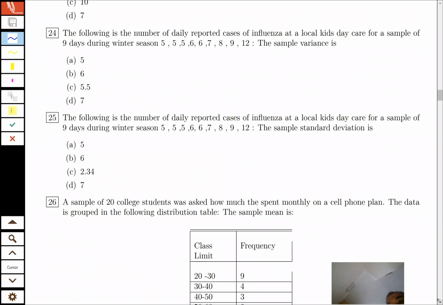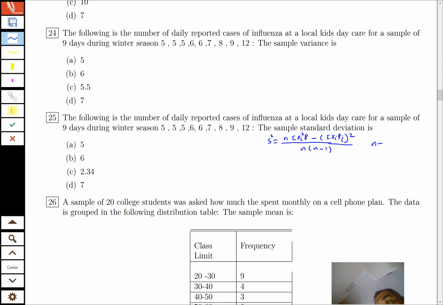Now, as I said, we want to find the sample standard deviation. We need to find first the variance, and the variance is defined by n times the sum of xi squared times the frequency, minus the square of the sum of the frequency times the element, all squared, divided by n times n minus 1.